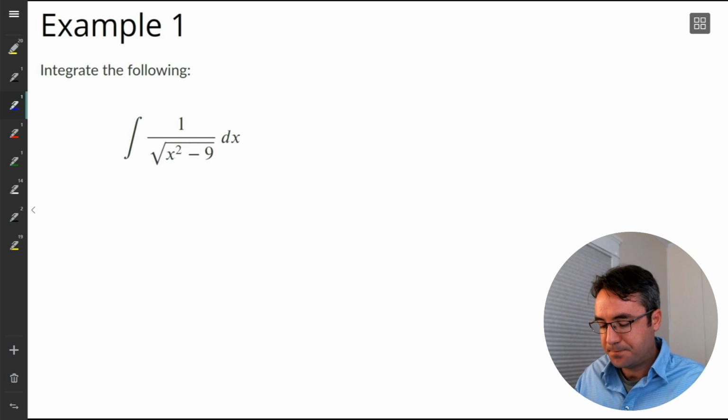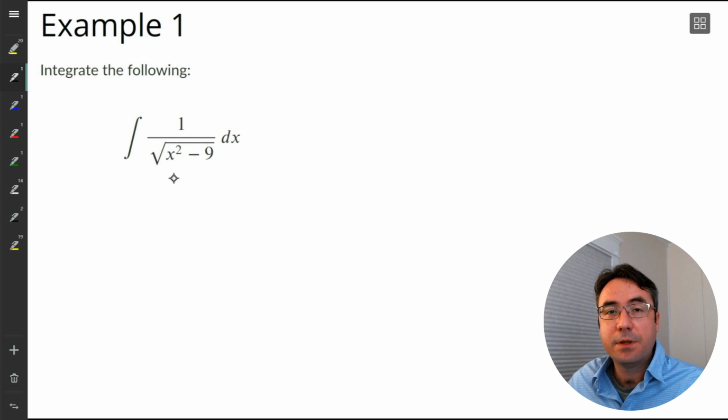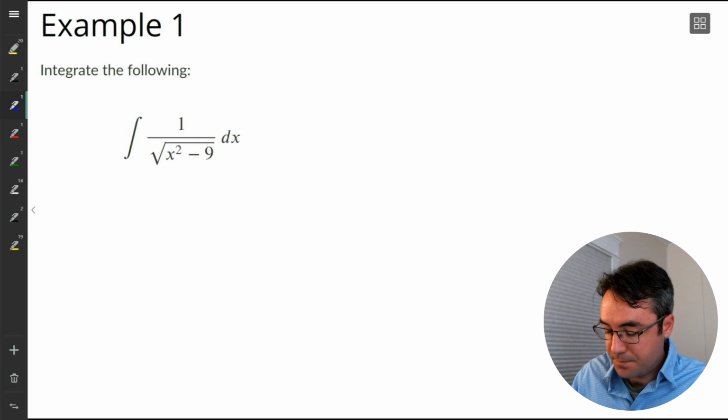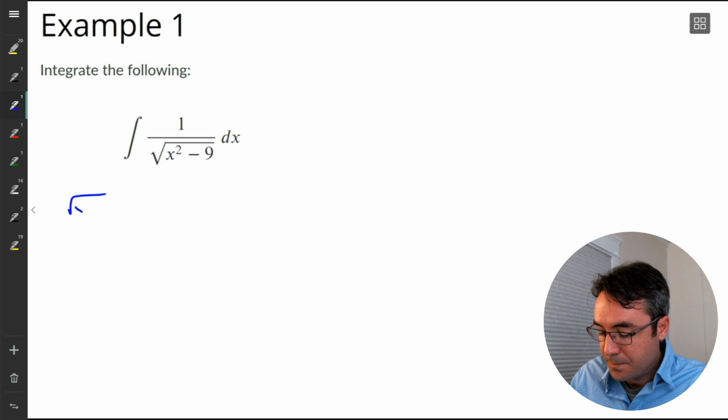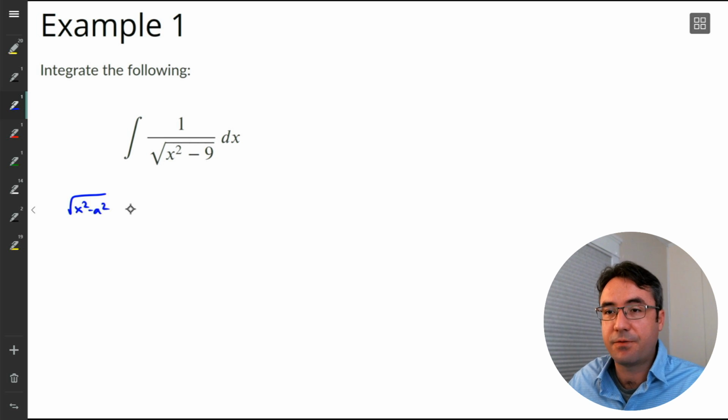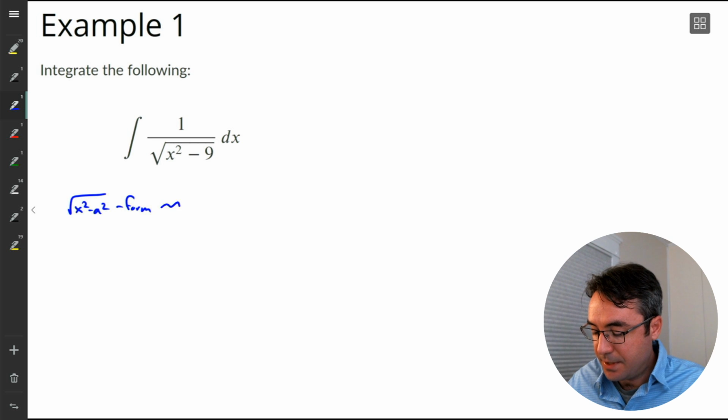And let's start it out. So step one, we look at our function and we see it's a square root of x squared minus a squared form. So that means we're going to choose x equal to a times secant theta.